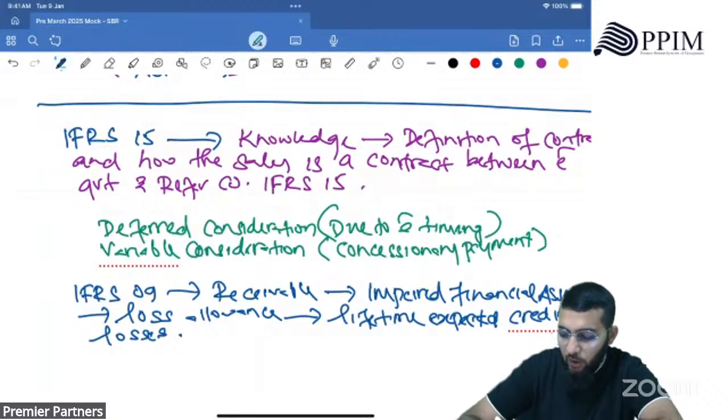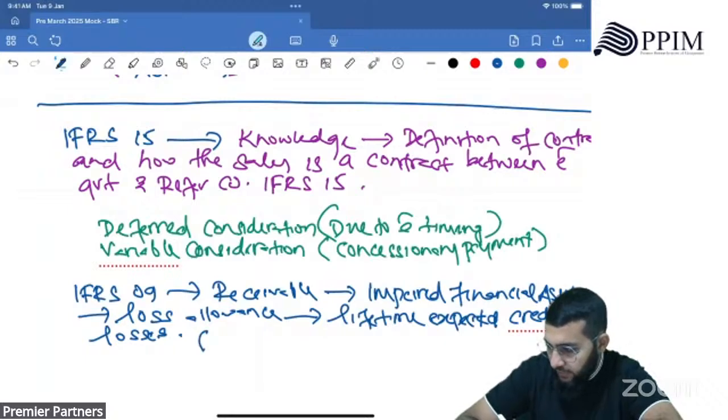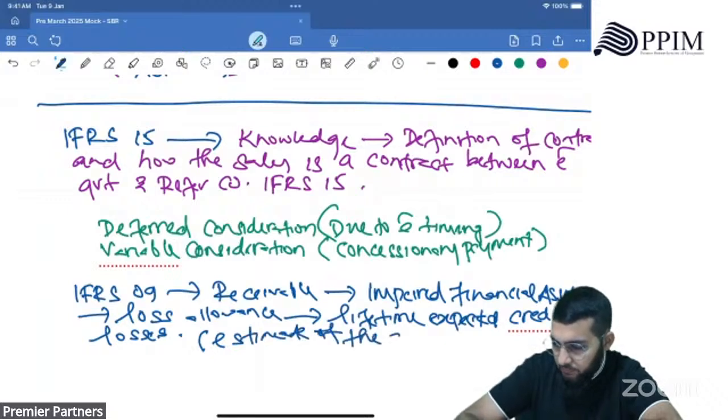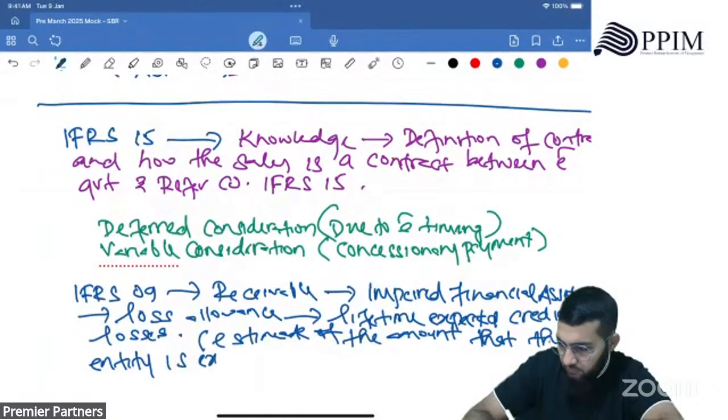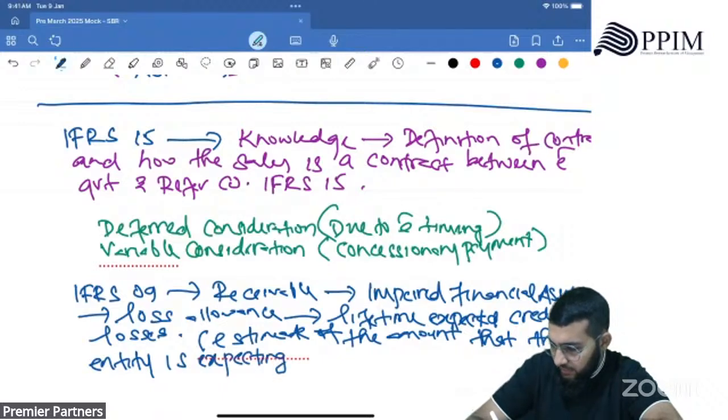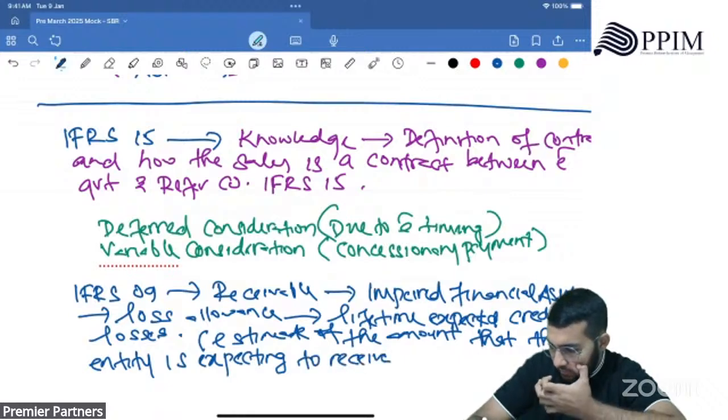Lifetime expected credit losses. Now, how would the lifetime expected credit losses come in? That is going to be the estimate of the amounts that the entity is expecting to receive, right?